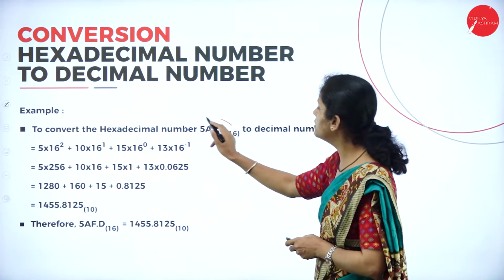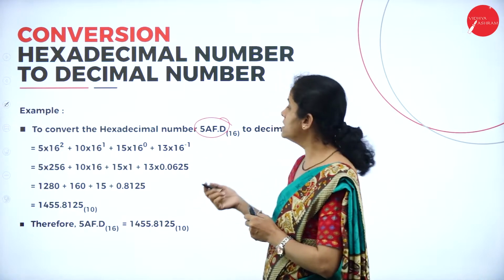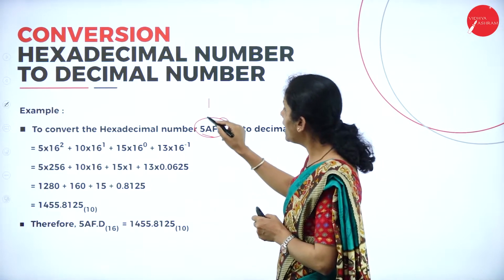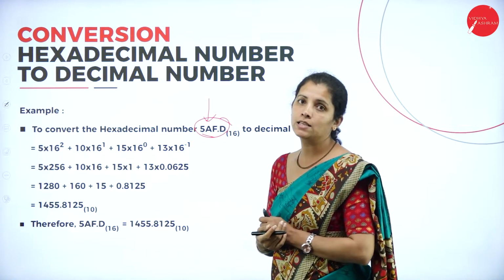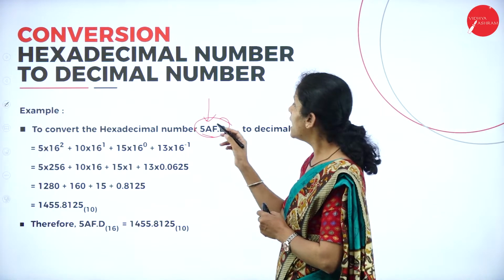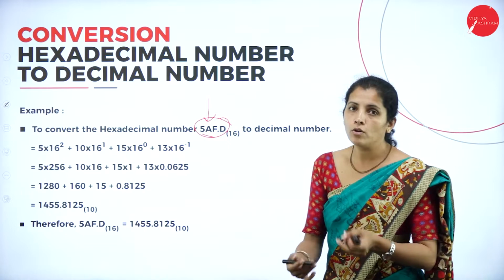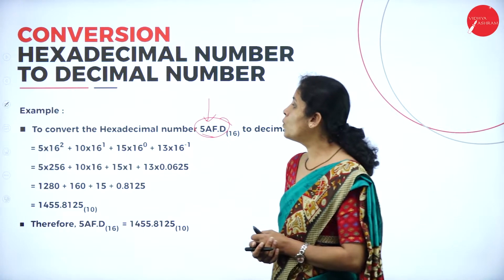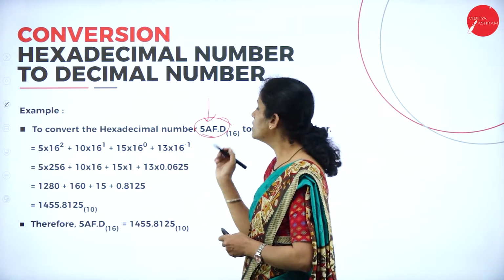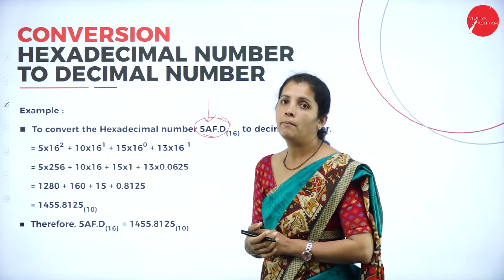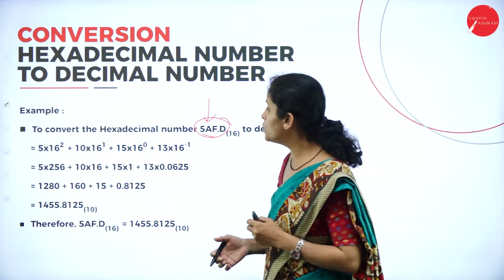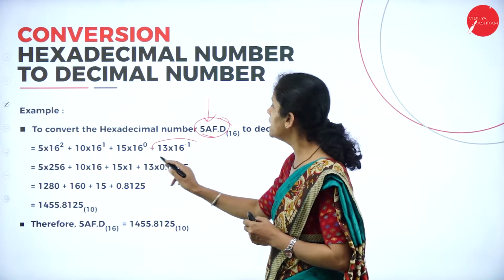Now I'm going to have an example here, and if I consider this example, I have an integral part as well as a fractional part, and for my integral part the power starts from positive power, that is 0, 1 and 2, and for my fractional part the power starts from -1. So it is nothing but the inverse.